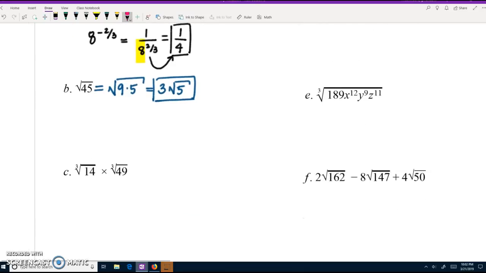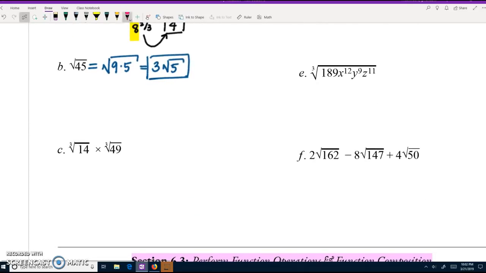Letter C, we have 2 cubic roots multiplied together, which is just fine to have. We're going to go ahead and multiply each of the numbers that are underneath the cubic roots together. And that's going to give me the cubic root of 686. So the first thing I would want to check is whether or not that is a perfect cubic value that I could simplify.